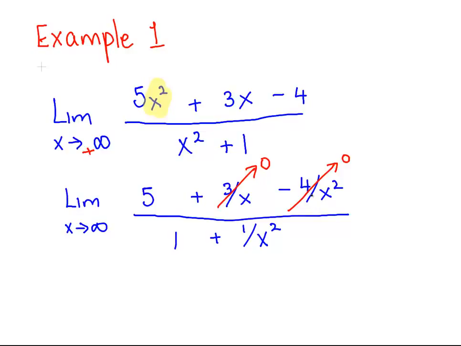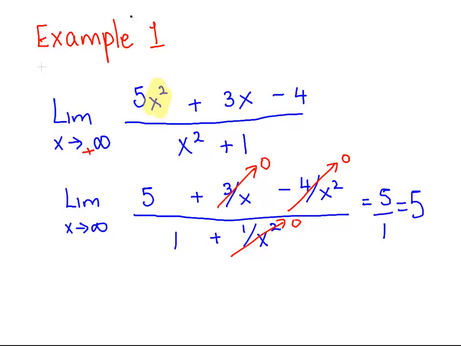The larger you're dividing by, the smaller your result is until it gets to 0. And likewise down here. So all those values go to 0. It cancels down, and we are left with 5 over 1, or in other words, 5. That's the answer to the first one.